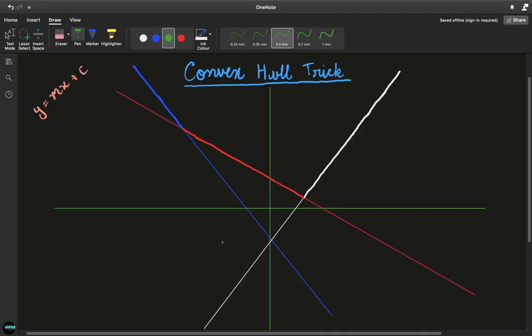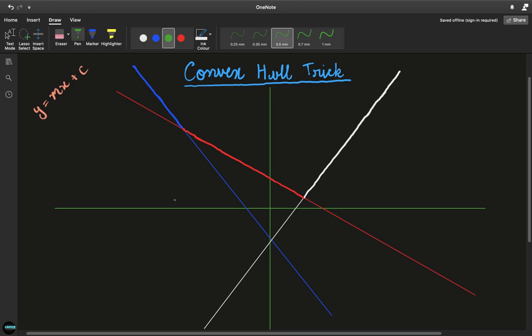So the convex hull trick is basically a dynamic programming speed up, and I just showed you how you could rewrite that recurrence in the form of the equation of a straight line. Now let's see what we can do if we have a bunch of these straight lines. So you can see for some range of x values, some line will always give you the best y value.